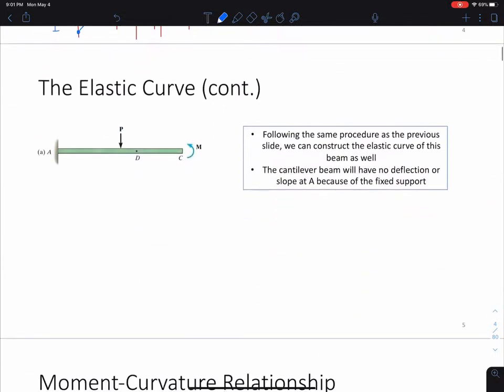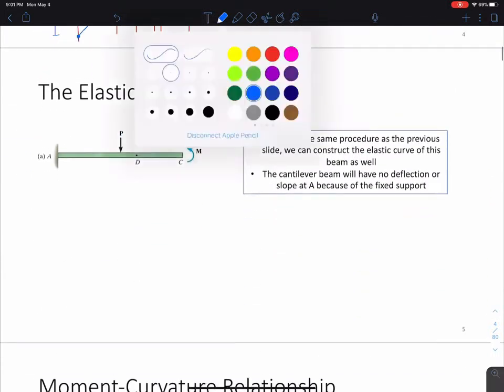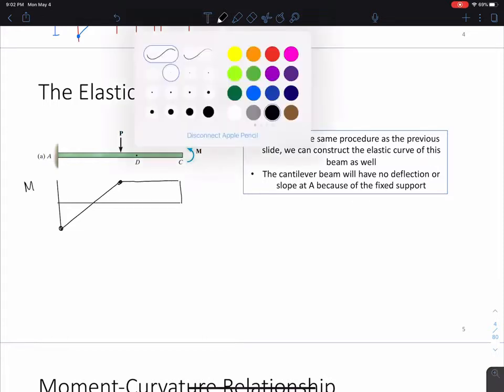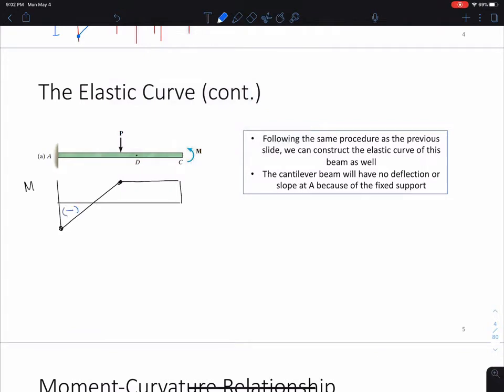Okay, we can do the same thing with this beam here. So we can start by drawing the moment diagram. We're going to have some negative moment here. It's going to be pushed up. And then no change here, and this rotation back to get it down. And here we have negative, here we have a positive.